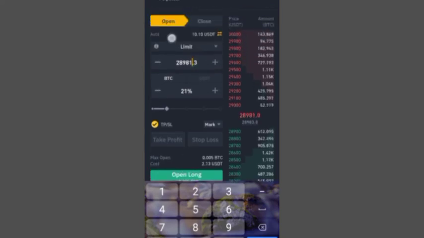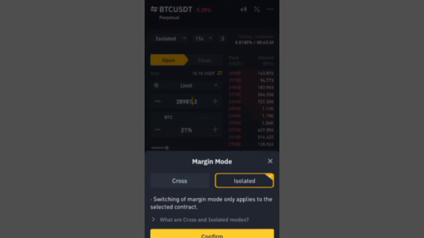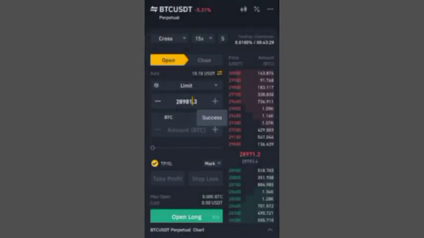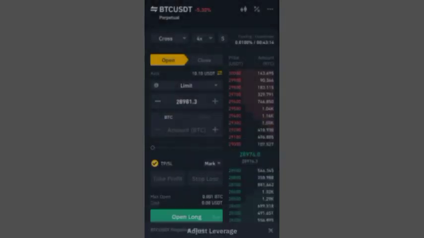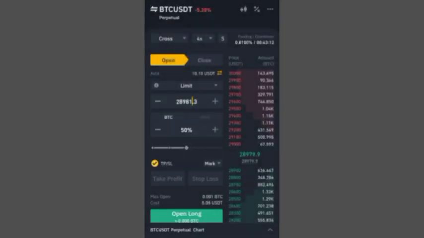So the basic thing is it should be on cross mode. Your trade mode here should be on cross. Your leverage should be nothing above 5x. I'm using 4x now. Then I'm using $3 or below. Since $3 is 30% of 10, I'm using 2.93 now.